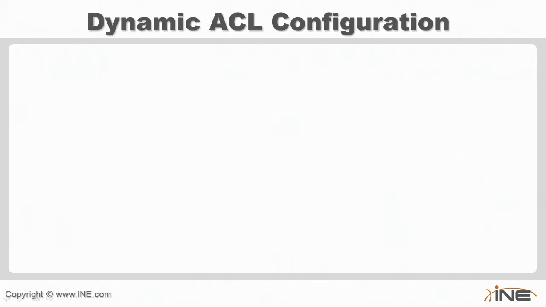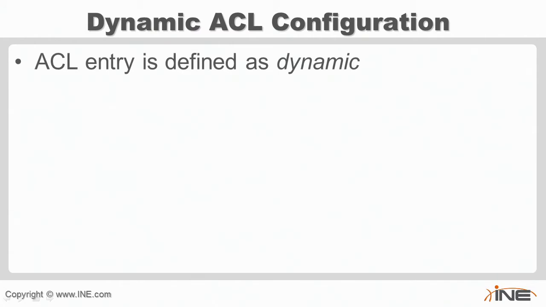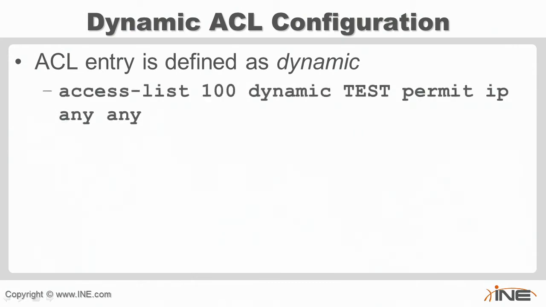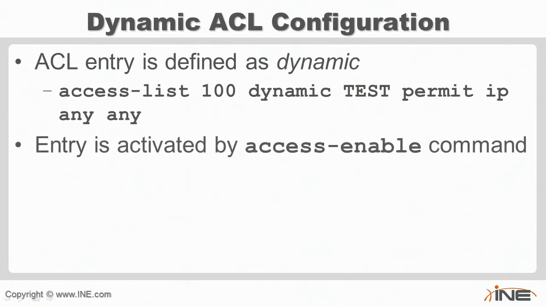Now, the implementation of this is a little bit strange, where we first define the access list and have an entry that is dynamic. So we say access list 100 has an ACL that says permit IP any, but it's a dynamic entry. Now, what's a little bit strange about this is that to activate the entry, to allow it to be used, we need to issue the exec command access-enable.